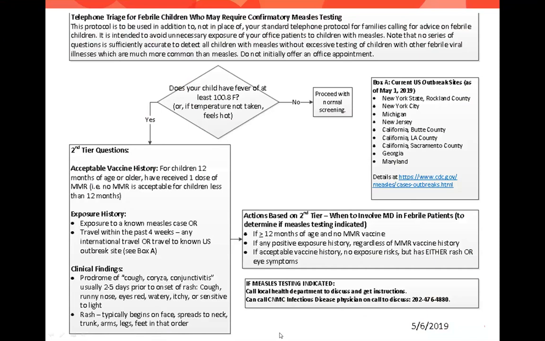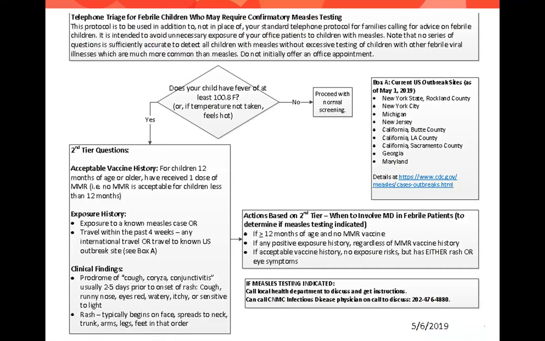We'll talk a little bit later on about some potential actions if you decide the child needs to come to the office, or the health department tells you that it's best served if the child comes to your office to get screened and to get tested. Actions that you can take are to, for example, schedule that child as the last child of the day or in off hours, so that there'd be less risk of infection to others.